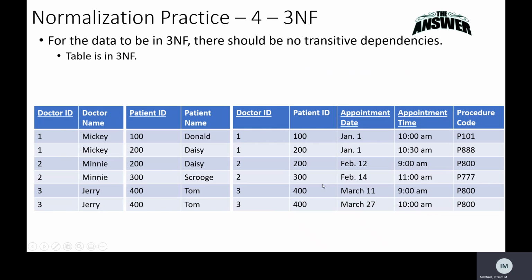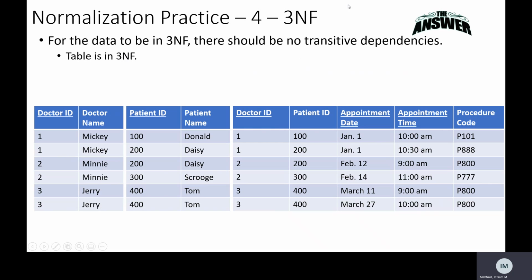And patient ID 400 also has different appointments. Well, here they have an appointment for the same procedure. So the procedure is actually not dependent just on the patient ID. It is dependent on the patient ID with their appointment date and appointment time. And so this is why the procedure needs to remain in this table.